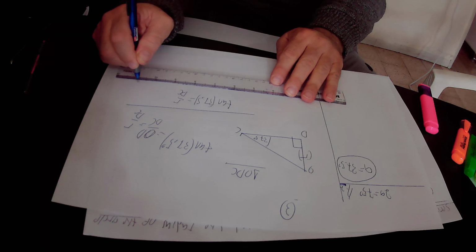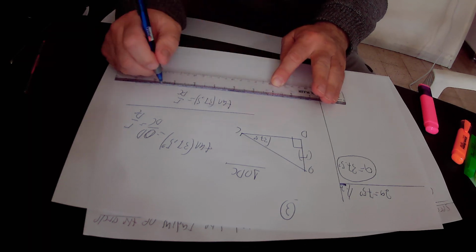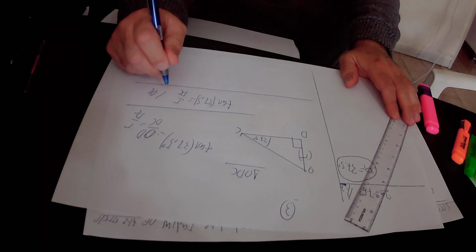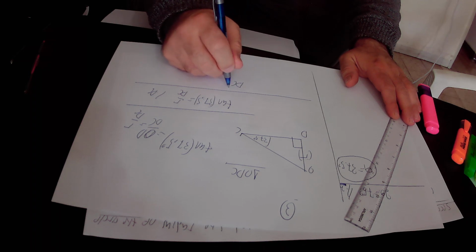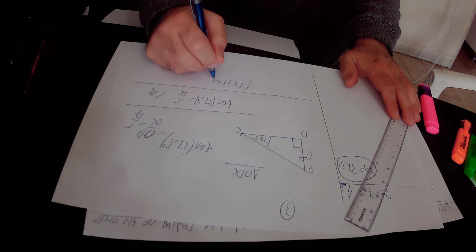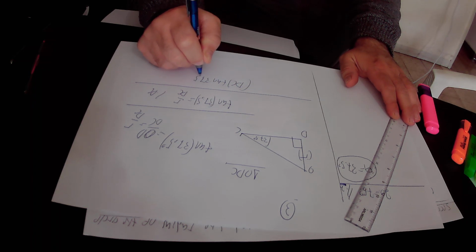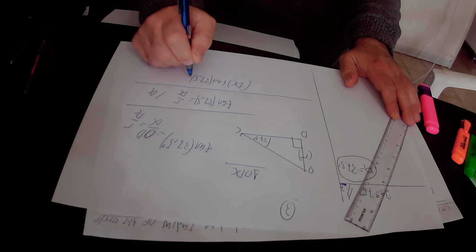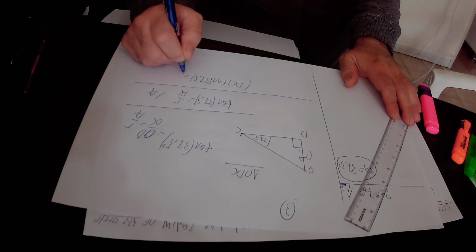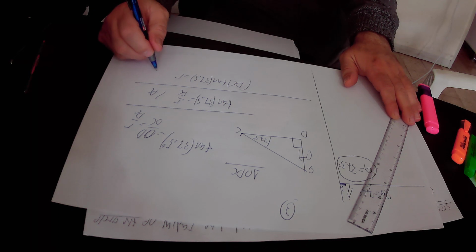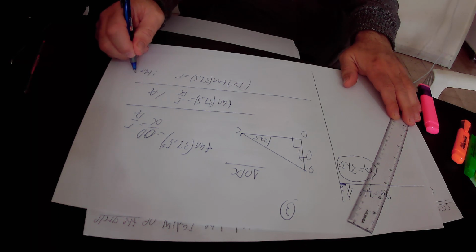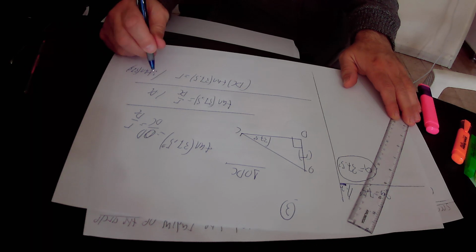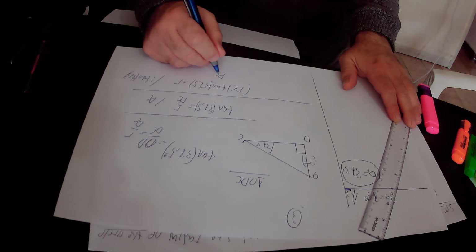Here we multiply this equation by DC, and we get that DC times tangent 37.5 degrees equals R.